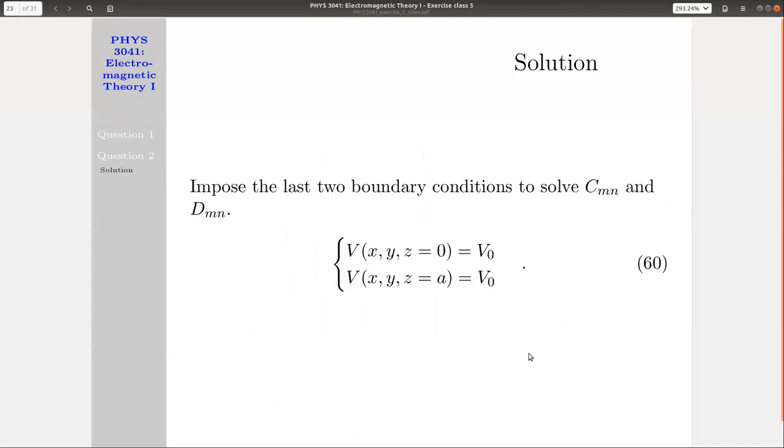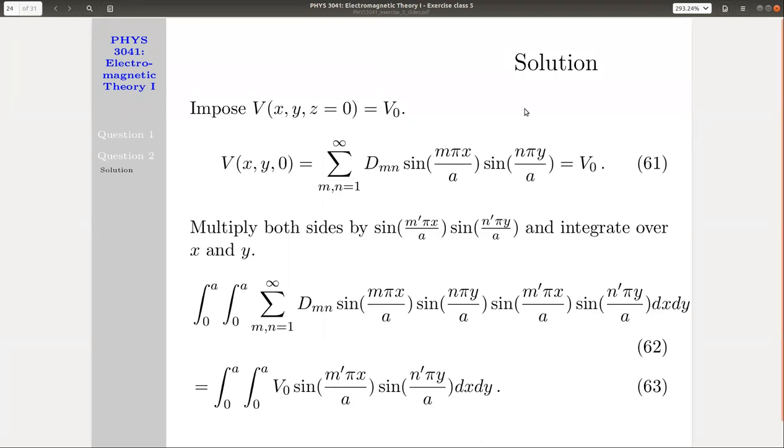The last thing that we have to do is to impose the last two boundary conditions to solve for C_mn and D_mn. First, we impose the boundary condition at z equals 0, where the potential is V naught.